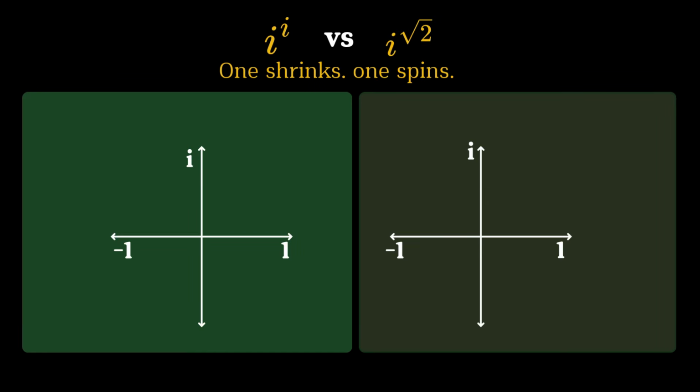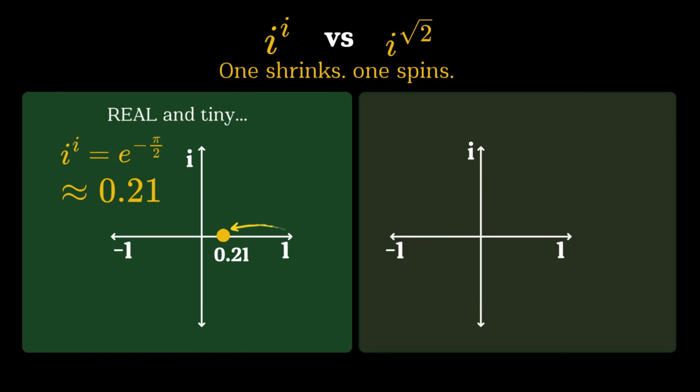Now, put the two side by side. First, i to the i equals e to the power negative pi over 2, which is about 0.21. Imaginary base, imaginary exponent, but the answer is a real number on the number line, a tiny shrink.